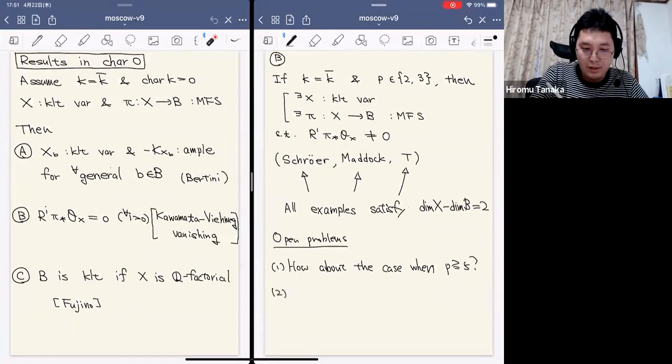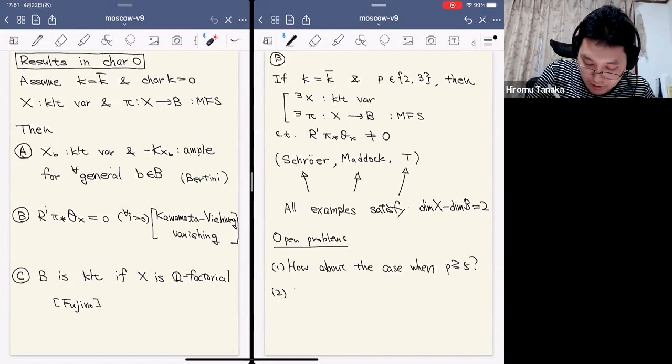And maybe as another question, the moduli space is basically similar to a Fano variety. For example, if B is a point, then it is a Fano variety.